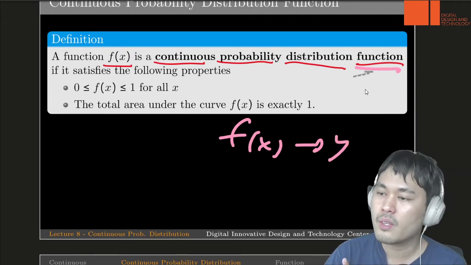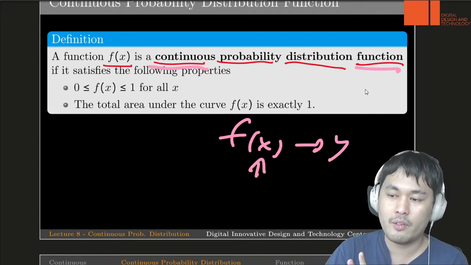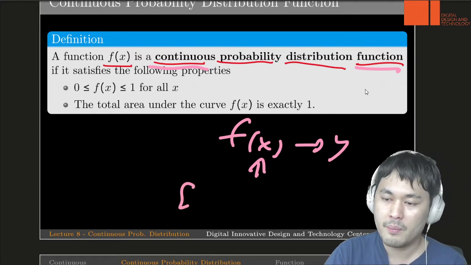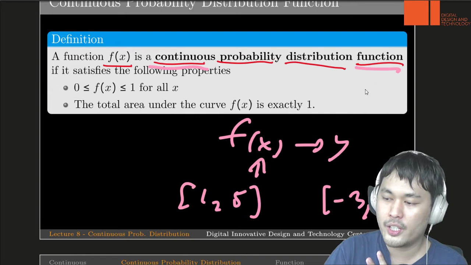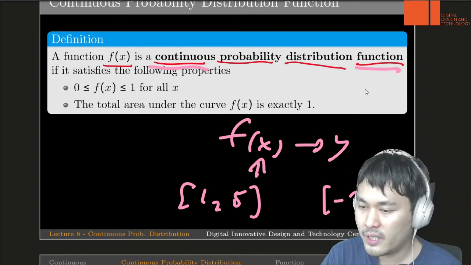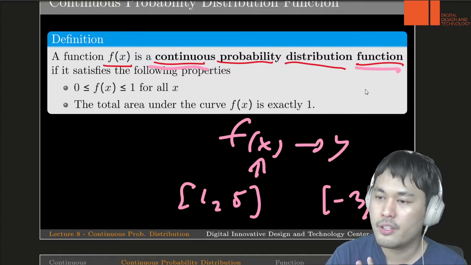So that's a function. So what is continuous? Continuous means all the possible values of x fall into some range. Maybe like from 1 to 5, or even like from -3 to 4, depending on whether these numbers make sense in your context for your research.